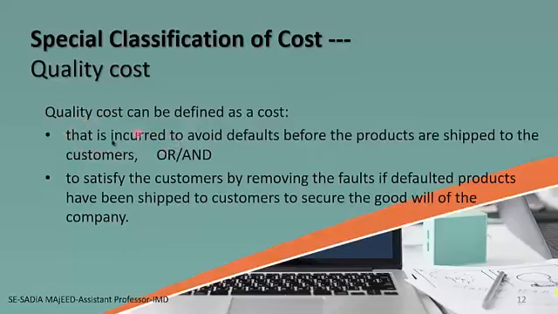The first part of the definition is saying quality cost is the cost of producing non-defective products. And the second part of the definition is saying quality cost is the cost of removing the defects in order to maintain the goodwill of a company.